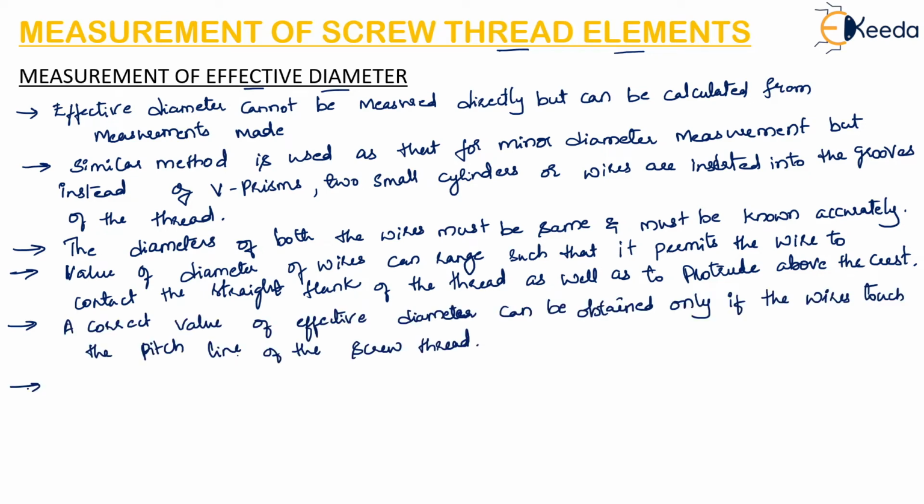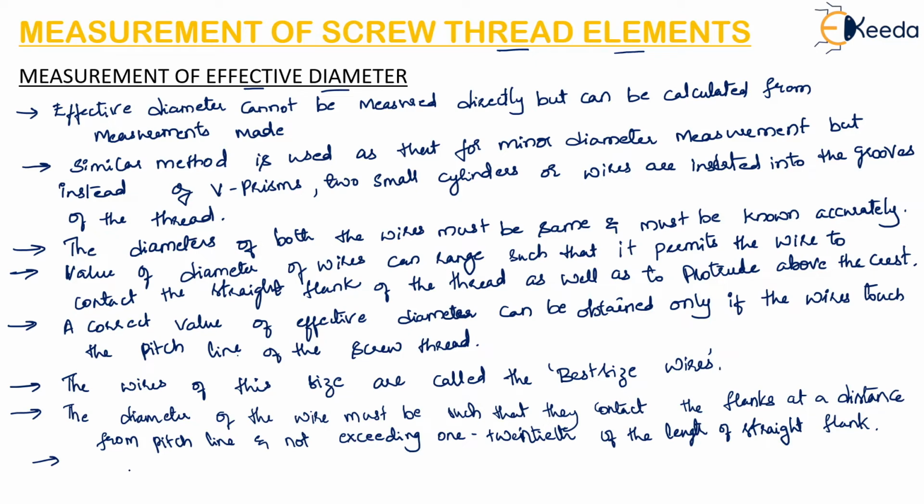The wires of this size, which touch the pitch line, are called best size wires. The diameter of the wires should be such that they contact the flanks at a distance from the pitch line not exceeding 1/20th of the length of the straight flank.